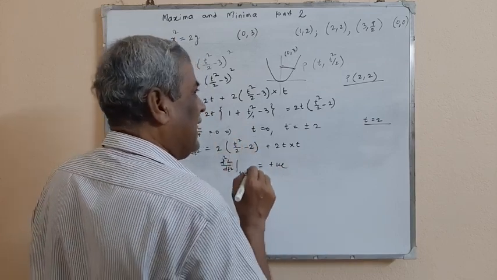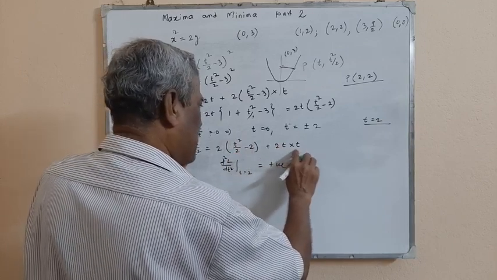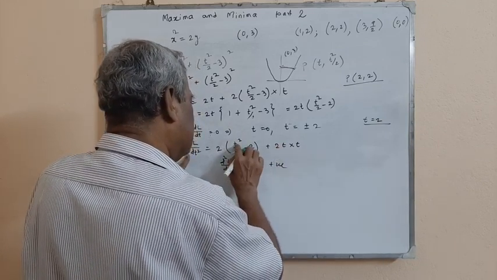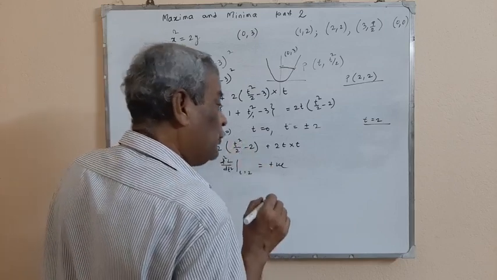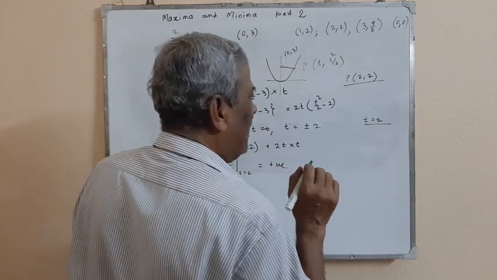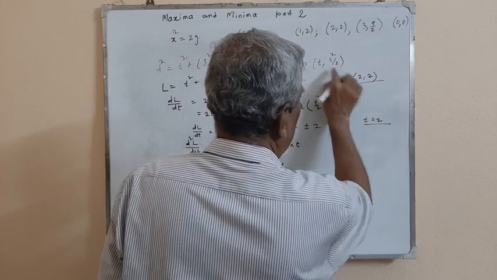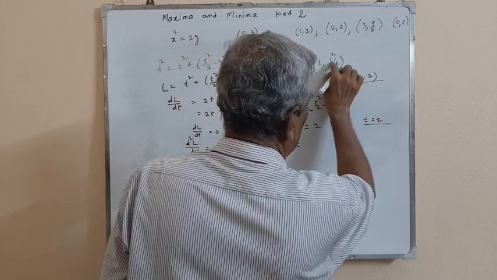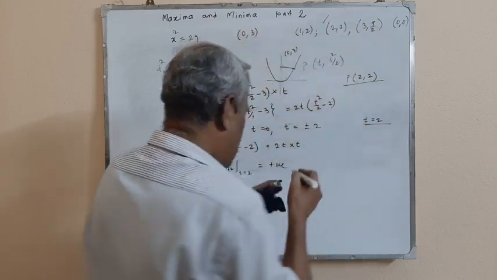Once again I am repeating: at t is equal to 0, the double derivative is minus 2, so negative, so not minimum. So the minimum value is at t is equal to 2, that is, the point 2, 4 by 2, that is 2, 2.